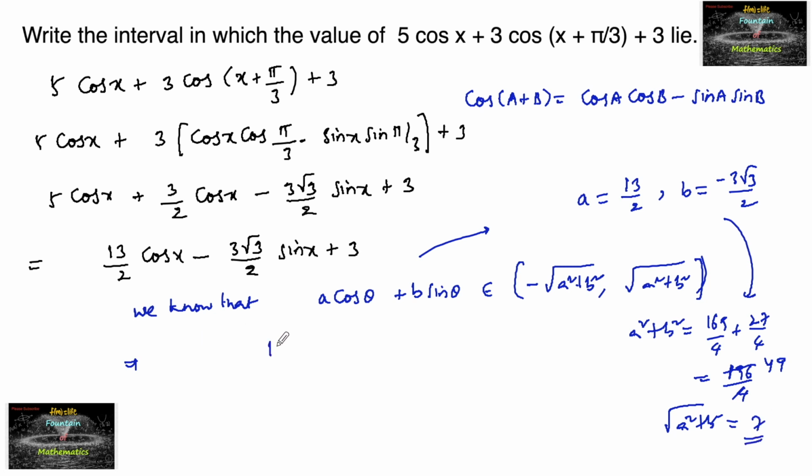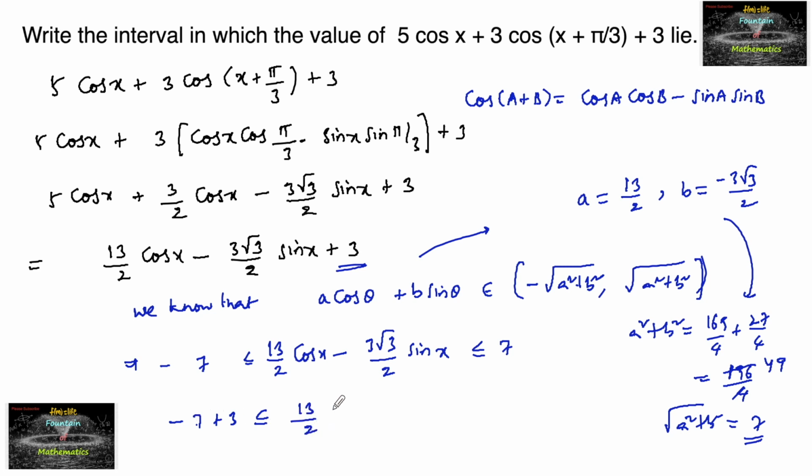Therefore 13 by 2 cos x minus 3 root 3 by 2 sin x lies between minus 7 and plus 7, and again plus 3 is there, so adding 3, minus 7 plus 3 is less than or equal to 13 upon 2 cos x minus 3 root 3 upon 2 sin x plus 3, which is less than or equal to 7 plus 3.